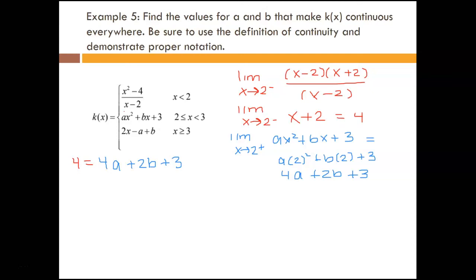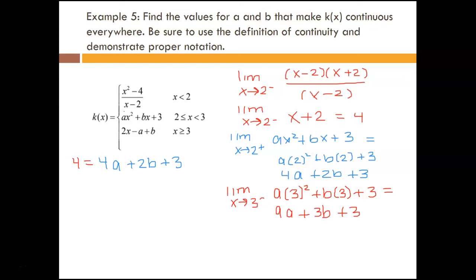Let's look at the limit as x approaches 3 from the left. Well, now that's a times 3 squared plus b times 3 plus 3. So I get 9a plus 3b plus 3. So that's the left-hand limit at 3.